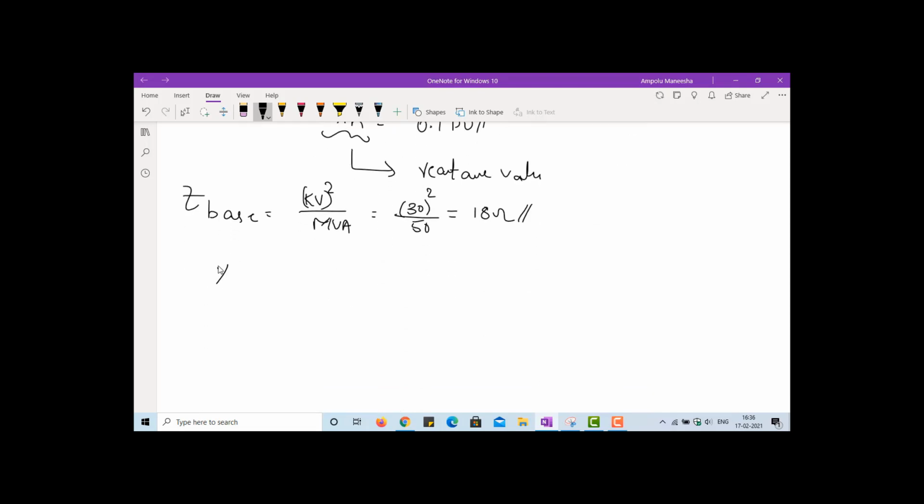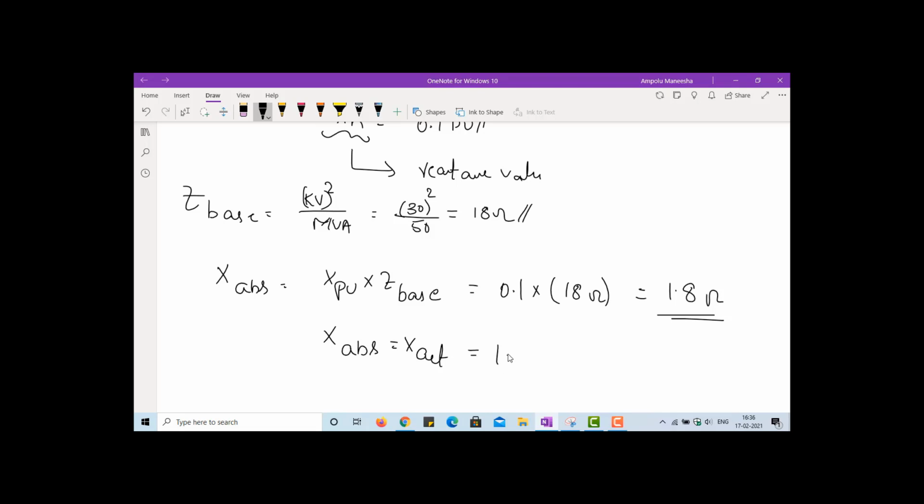So X absolute value is equal to X per unit value into Z base. X per unit value already we got as 0.1 into Z base which is 18 ohms. So 1.8 ohms. So the actual or absolute value of the reactance is 1.8 ohms.